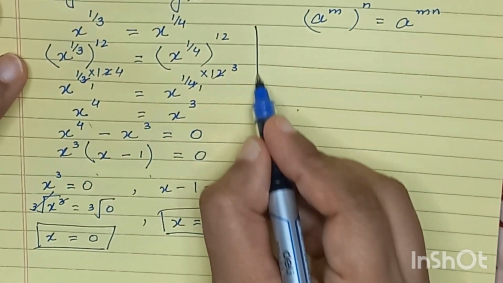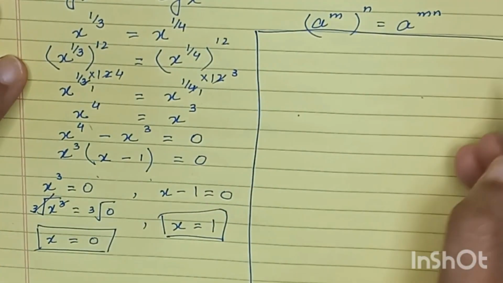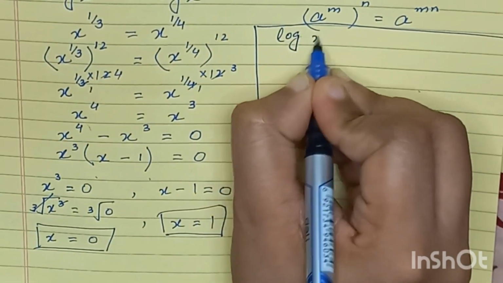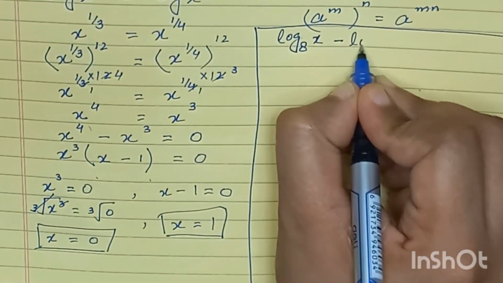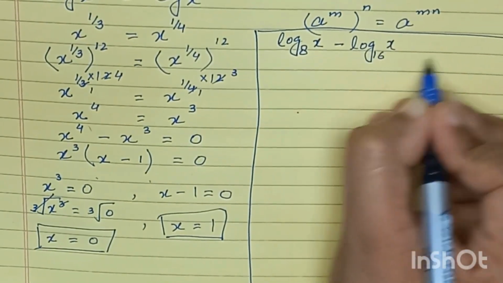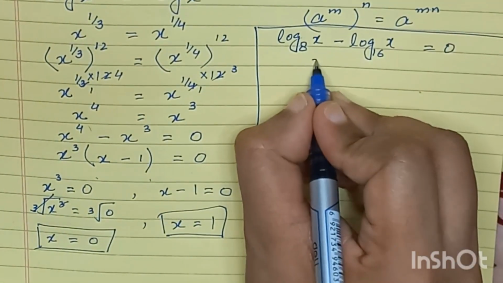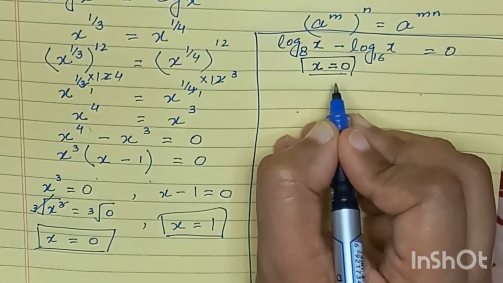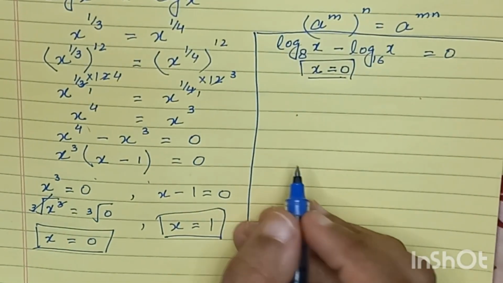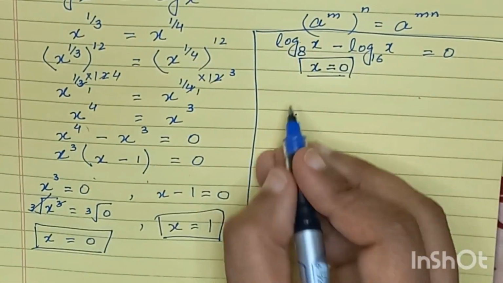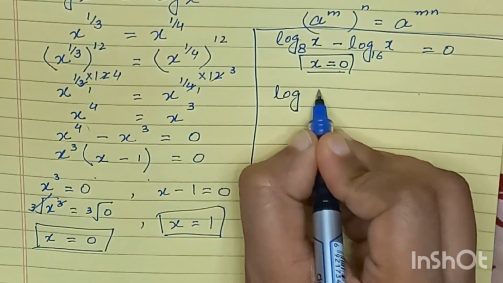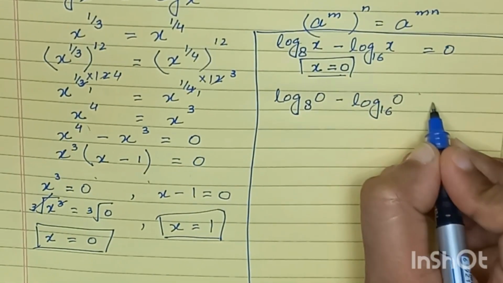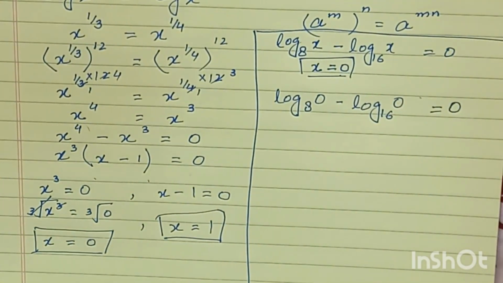Now we will check whether the values of x satisfy our given equation or not. The given equation is log of x base 8 minus log of x base 16 is equal to 0. First of all we will use x is equal to 0. So we will put the value of x here, so it will become log of 0 base 8 minus log of 0 base 16 is equal to 0.